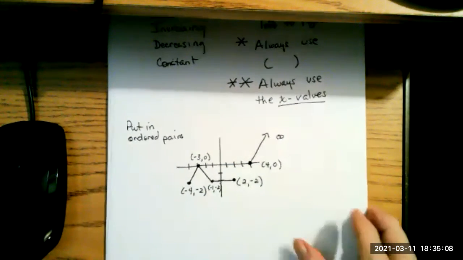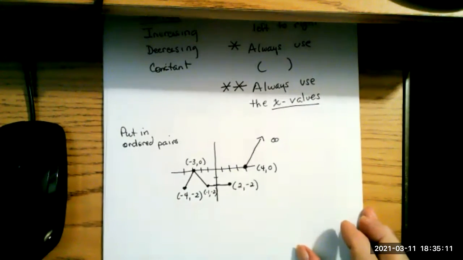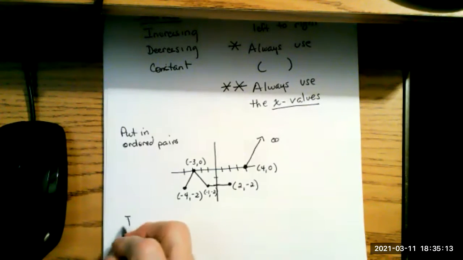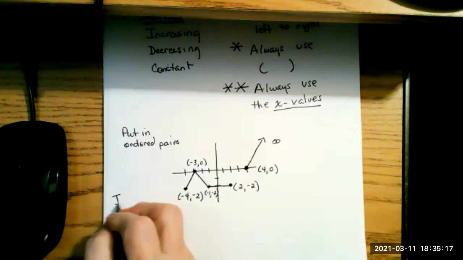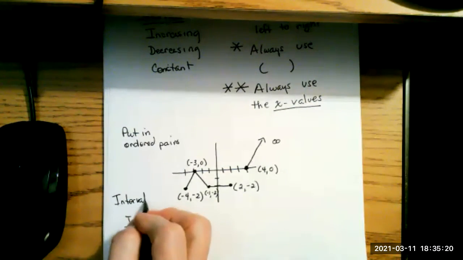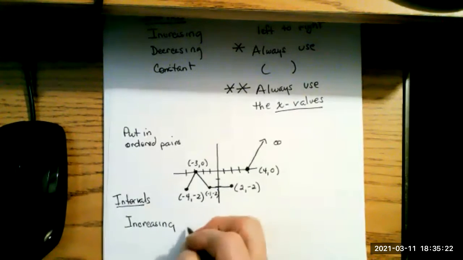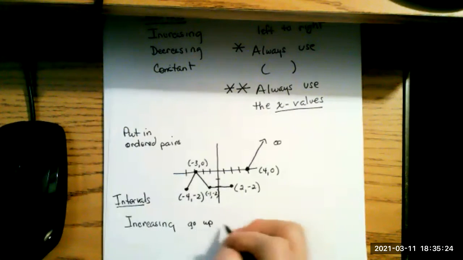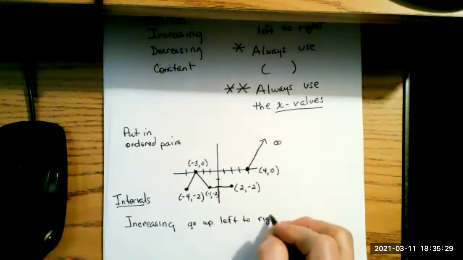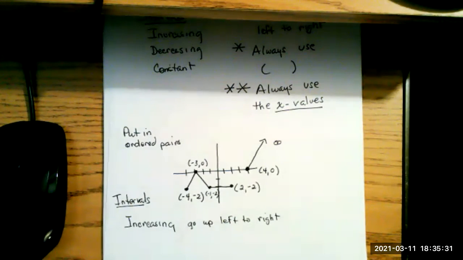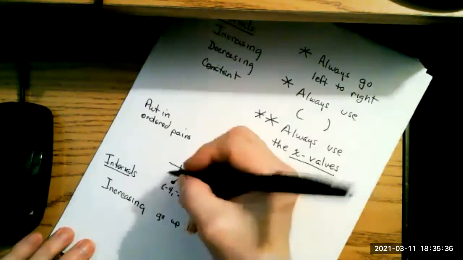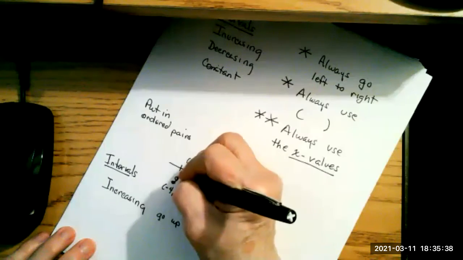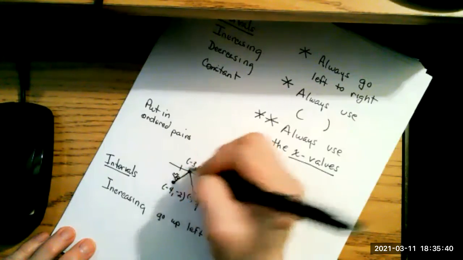So what I want to do now is talk about the intervals increasing. These are all intervals. Increasing means to go up left to right. I like to put a little car on here, and I don't want you to make fun of my cute little car because I use it all the time.